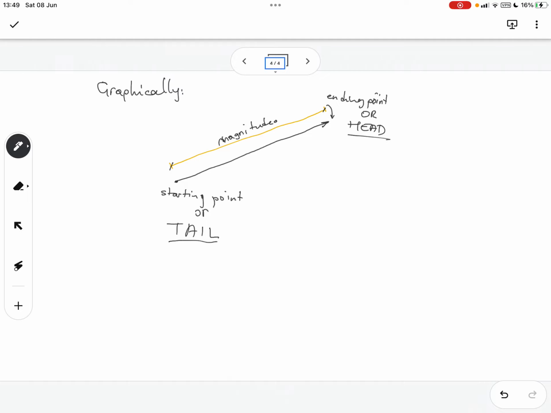So when we look at the vector graphically, we can use this method on things like graphing paper so that we can draw these things to scale, right? So this side is a measure of the magnitude or size.